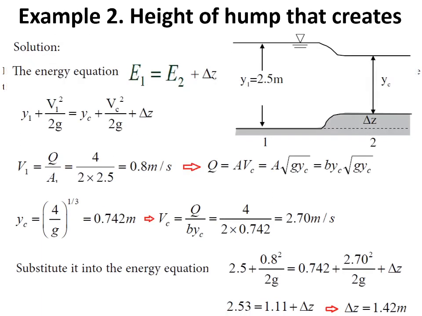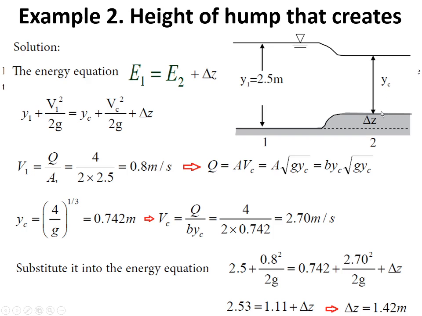Yes. The question says that we have a known depth at upstream, but the delta z can vary. We can increase the hump or decrease it. But the question asks for the maximum height of z for the case that this drop or decreasing of the water elevation creates critical depth above the hump.